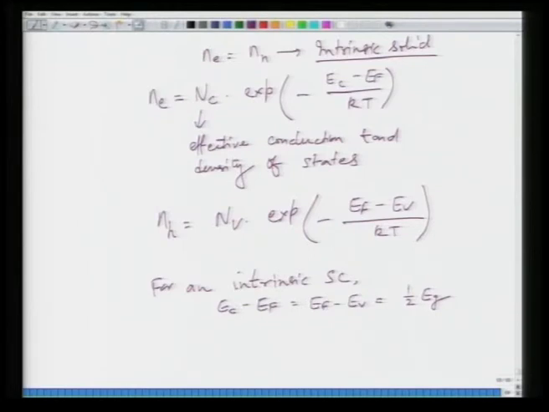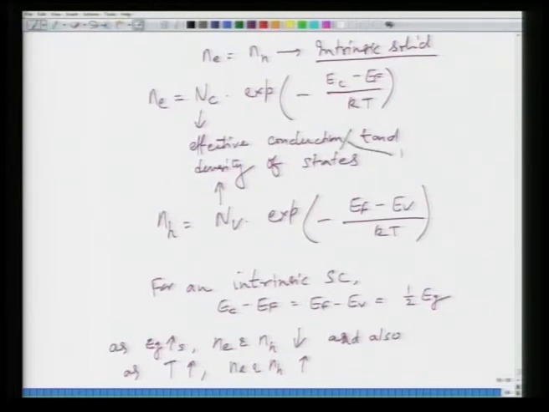And you can see, if that is the case, then as EG increases, what would happen to NE and NH? Both NE and NH would decrease, and also as temperature increases, both NE and NH would increase. And this NV, I forgot to mention, would be the effective conduction or valence band density of states, depending upon which case you are referring to.